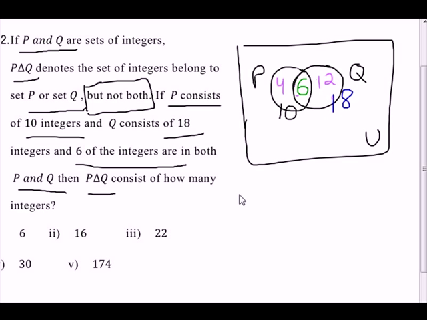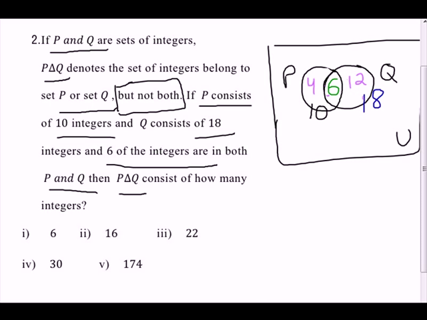So now from this diagram we know clearly that there are 4 elements that belong only to P and not to Q, 12 belong only to Q and not to P, and 6 in the middle belong to both P and Q. Hence P has a total of 10 elements, which is 4 plus 6, and Q has 18, which is 12 plus 6. So let's go back to the question and see what we want.